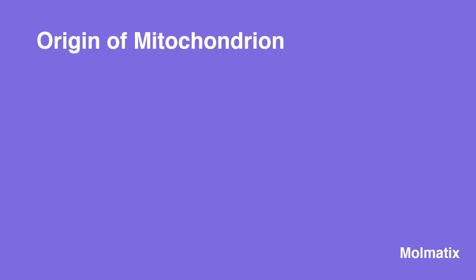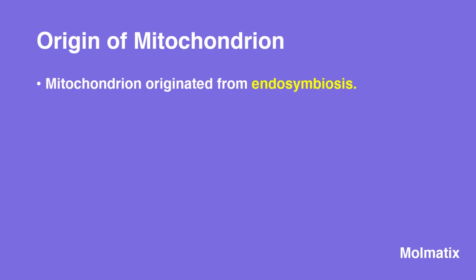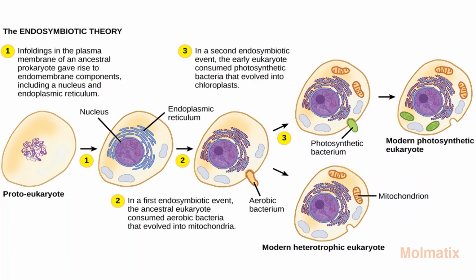Third, we will learn the origin of mitochondria as a cell organelle. To explain the origin of mitochondria, scientists have proposed multiple theories, but the most accepted is the theory of endosymbiosis. According to this theory, the mitochondrion was previously an aerobic bacterial cell that was engulfed by an archaeal cell.